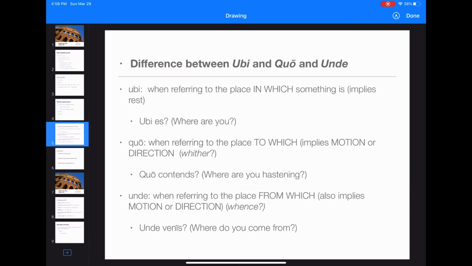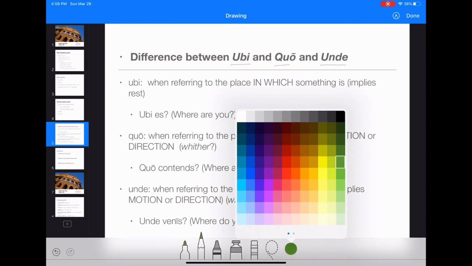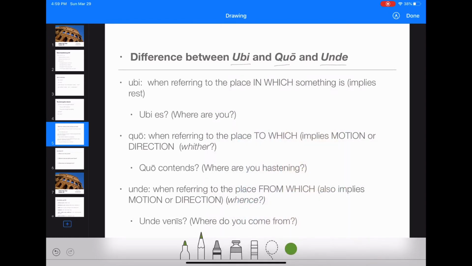So then Mr. Henle does give us some verbiage in this lesson about the difference between ubi and quo and undi. Ubi, quo, and undi.